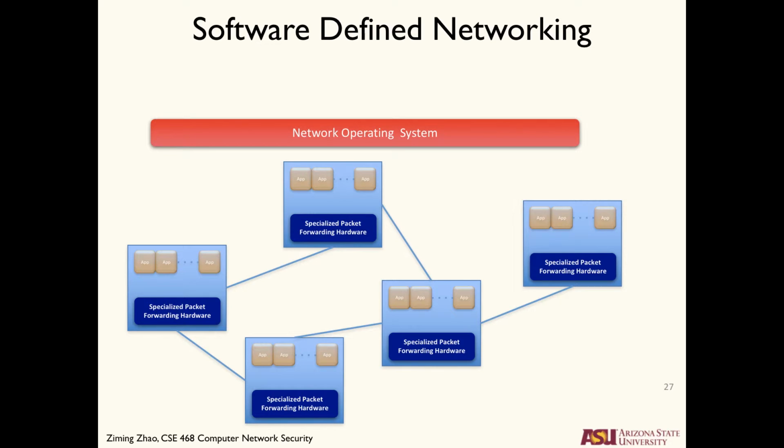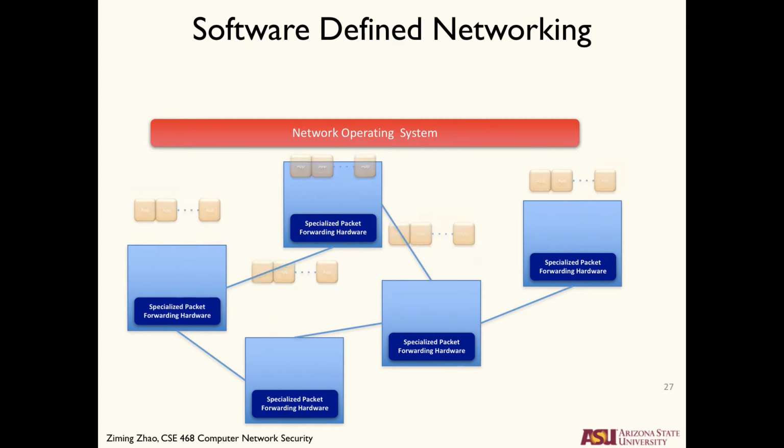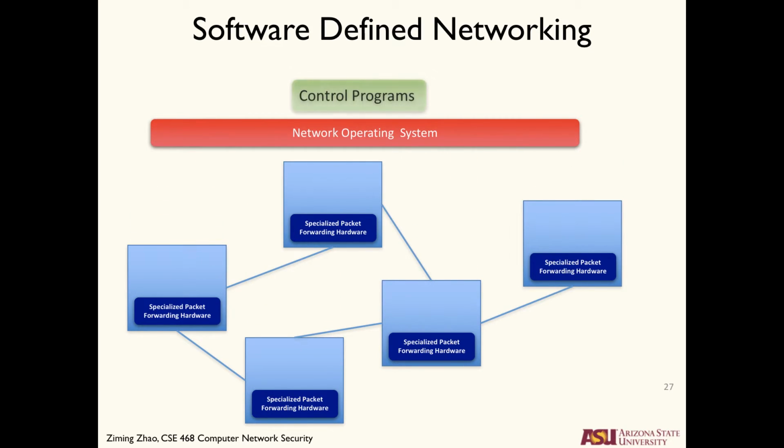And this network operating system has a global view of everything. It talks with all the switches. And on top of that, all those policies or protocols can just be control programs on top of this network operating system.